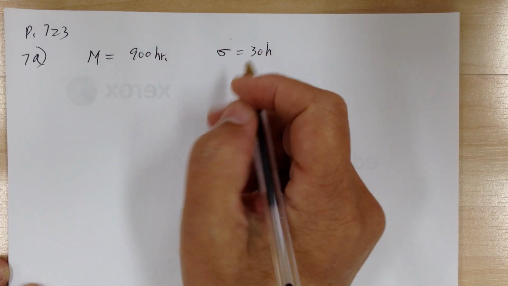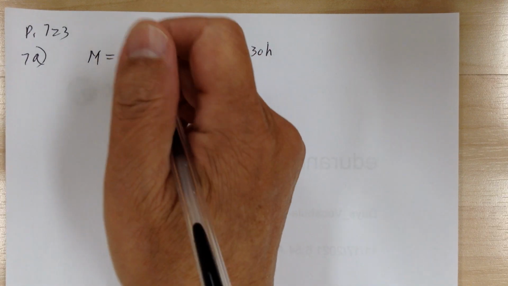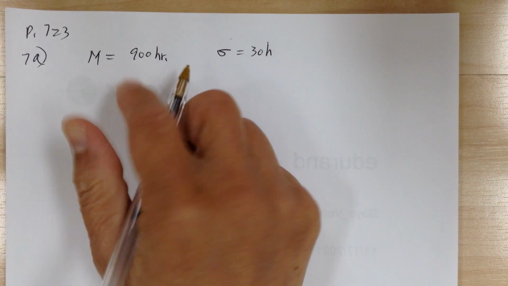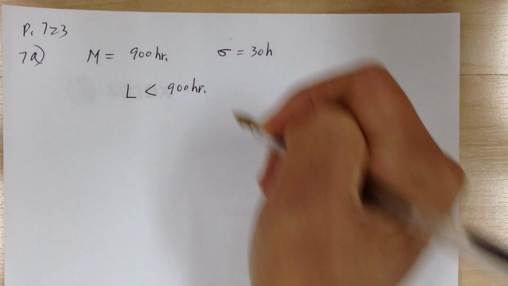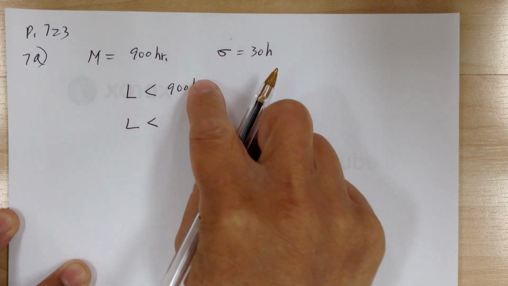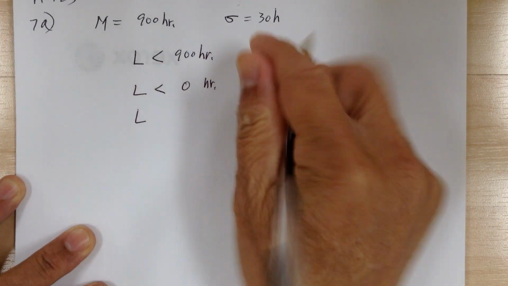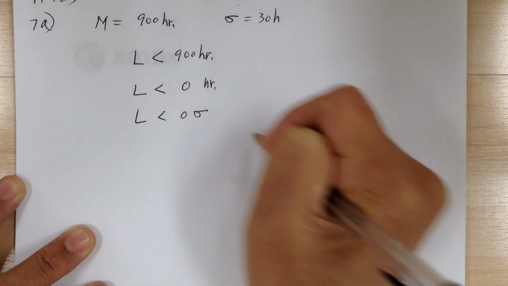And so for part A, you're looking for, assuming the life, I'm going to call it L, you want the life to be less than 900 hours. Convert it into the differential, so this will equal 0, which is 0 standard deviations.